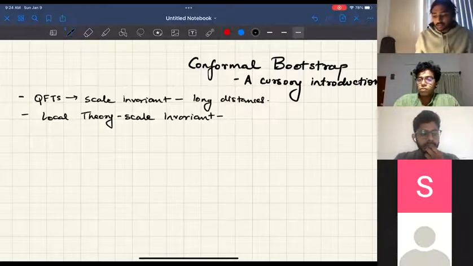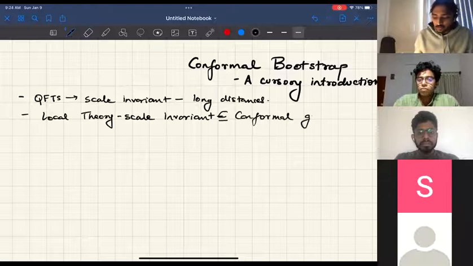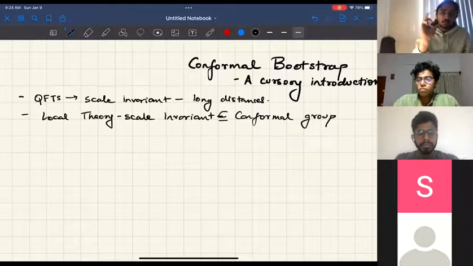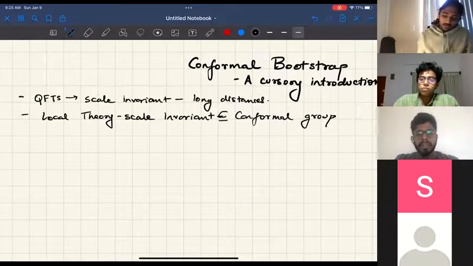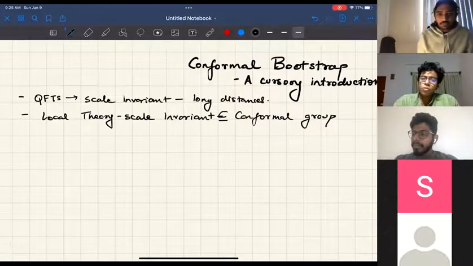And usually it's also part of the conformal group. So what does conformal group mean? You have scale invariance, at the same time you have rotational invariance, or rather it's angle preserving. Let's just say that. So yeah, these are two facts we need to keep in mind.